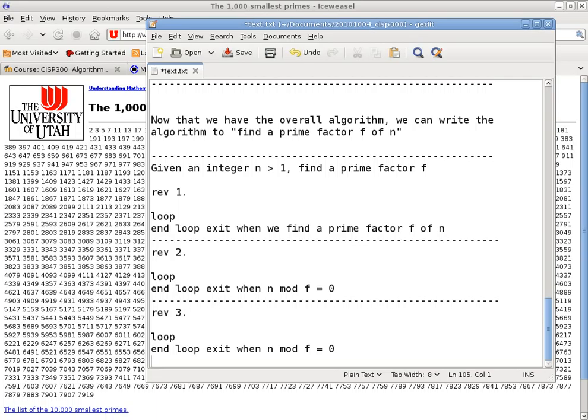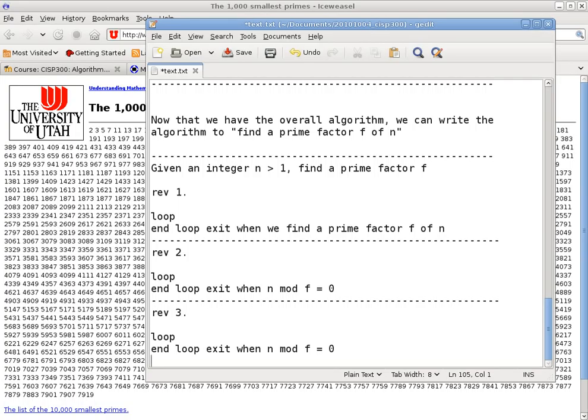Okay? Now, when you try different factors of n, you can obviously try them kind of at random. In other words, we don't have to start with 2, we can start with 11. And then we move to 2, and then we go to 7, then we move to 5, then we move to 19, and so on. But is there any reason to do that? No?